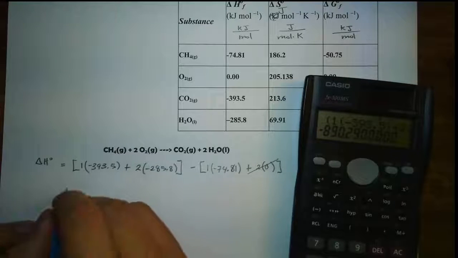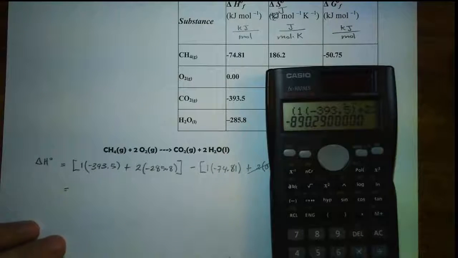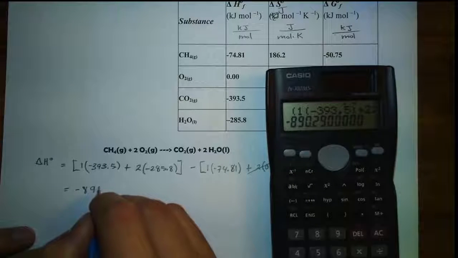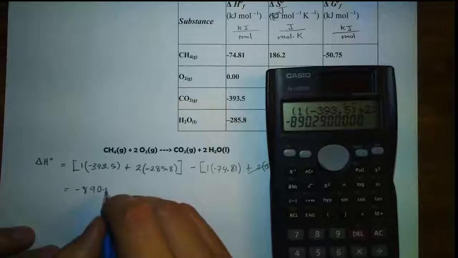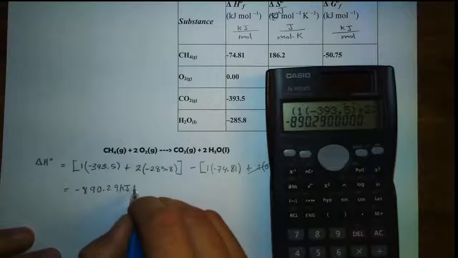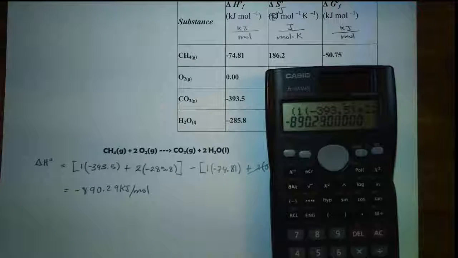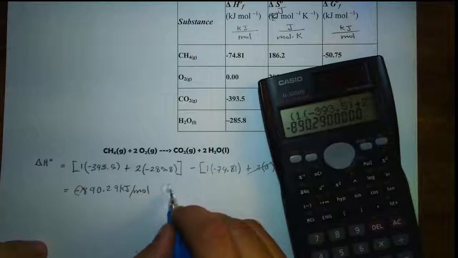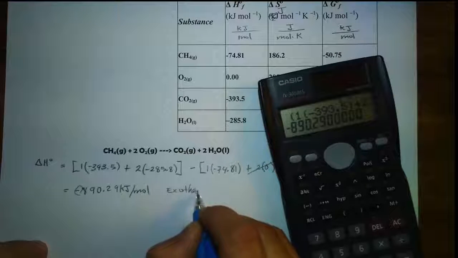And what is our answer in the end? We have negative 890.29. And what's the unit? It's kilojoule over mole. What does that tell you? The negative tells you it is an exothermic reaction.